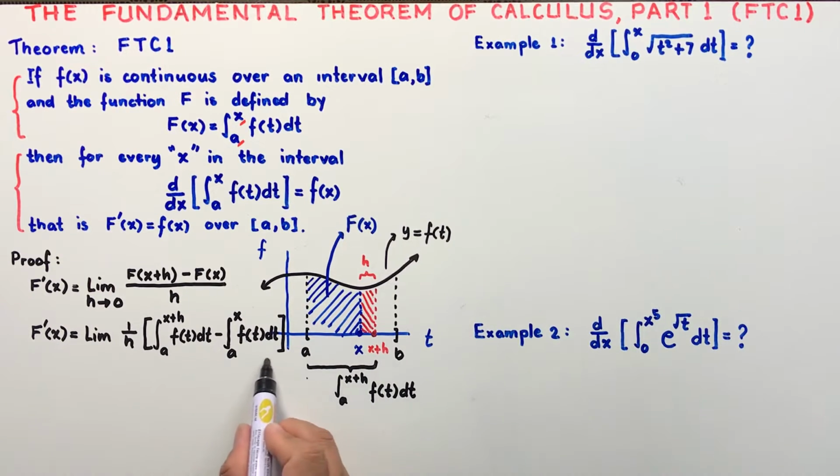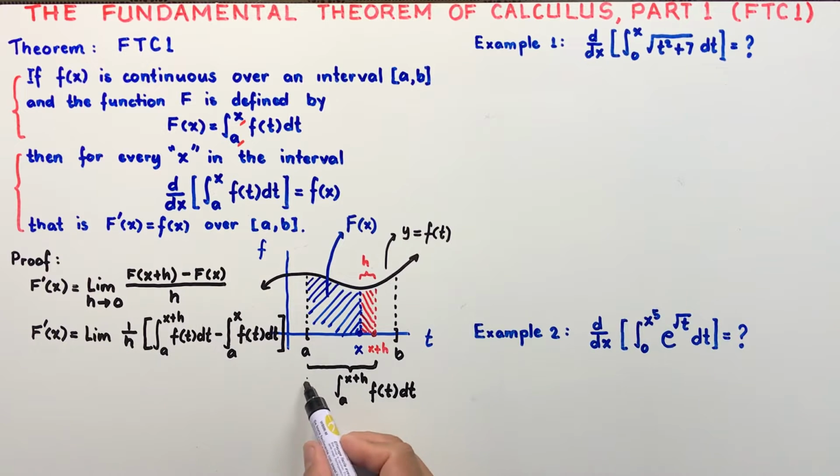But this second integral is the area from a to x. So this is our integral from a to x of our function small f of t dt.